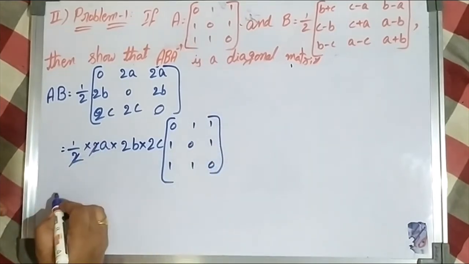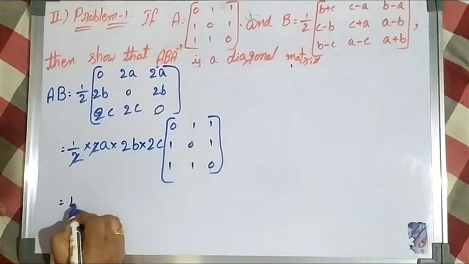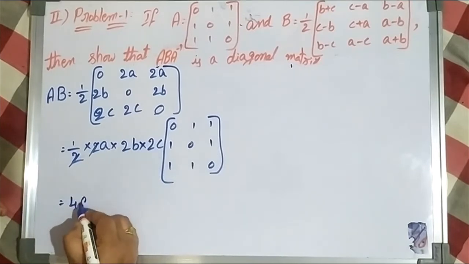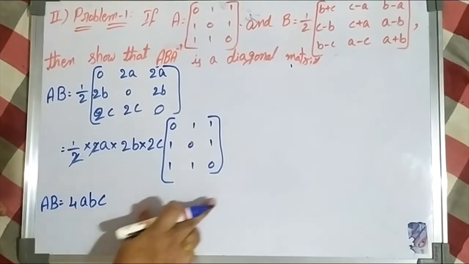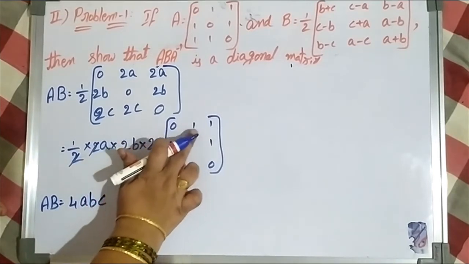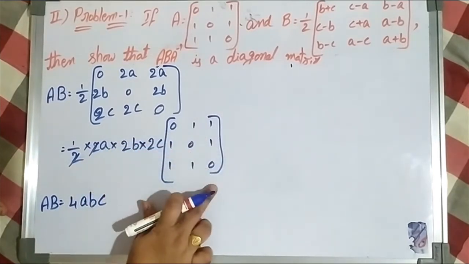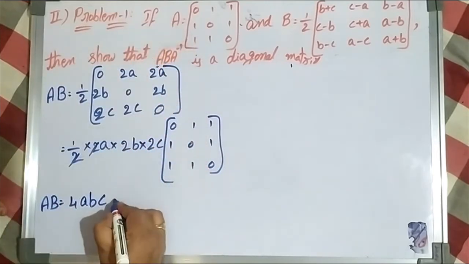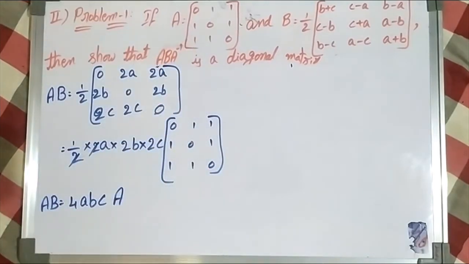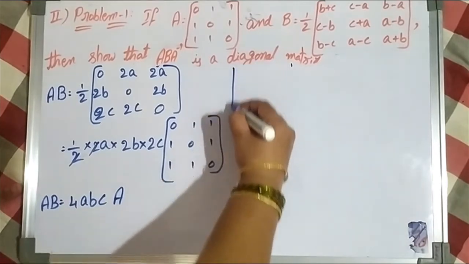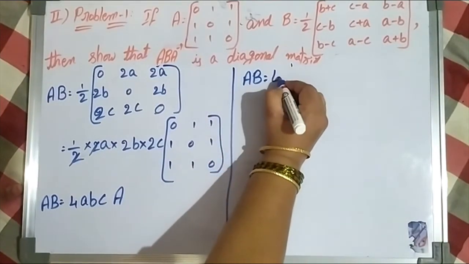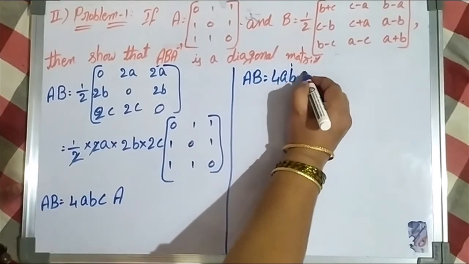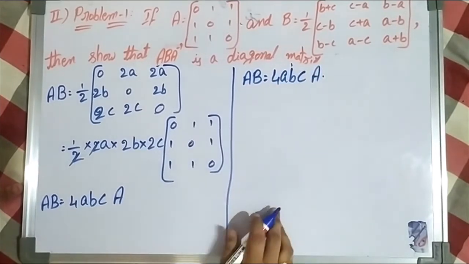Here 2, 2 get cancelled. 2 twos are 4, so 4ABC. This is the AB value. 4ABC into matrix 0, 1, 1, 1, 0, 1, 1, 1, 0 is nothing but the matrix A. Then we have AB equal to 4ABC into matrix A.